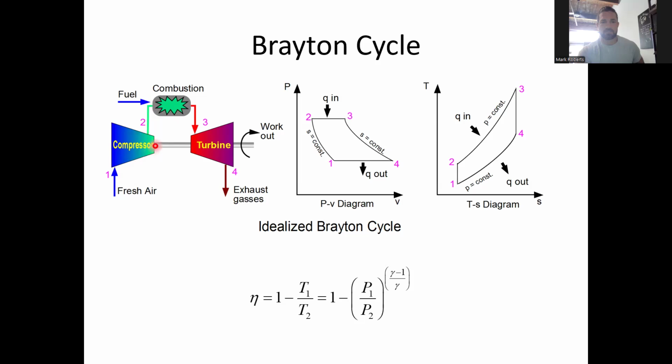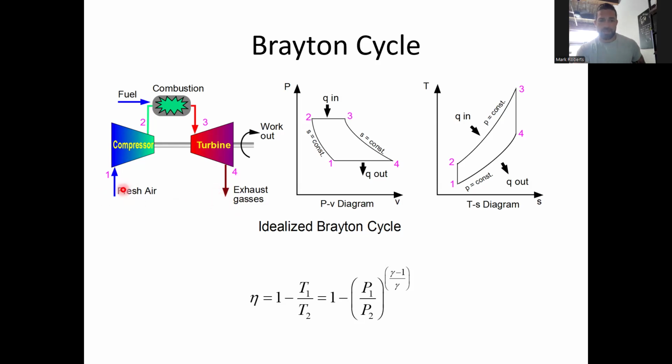So now we have this high pressure vapor, and we combust fuel to make it high temperature, high pressure vapor. This high temperature, high pressure gas is going to go into a turbine where it's expanded to the ambient or surrounding pressure.